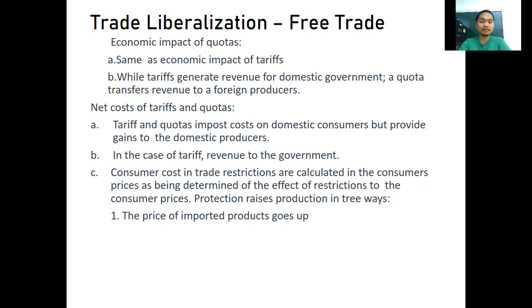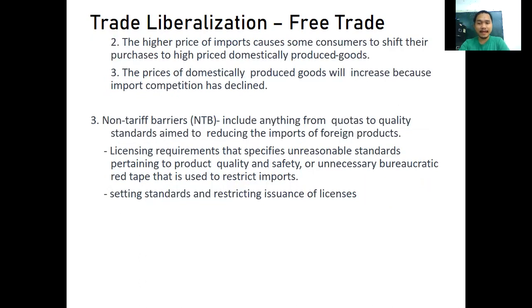First, the price of imported goods goes up. Second, the higher price of imports causes some consumers to shift their purchases to higher priced domestically produced goods. And third, the prices of domestically produced goods will increase because import competition has declined.